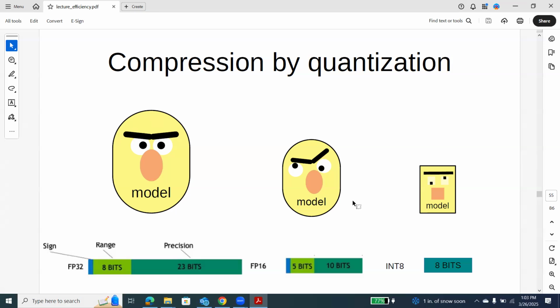What does it mean? How is it stored, and which part is precision and which part of the number is range?